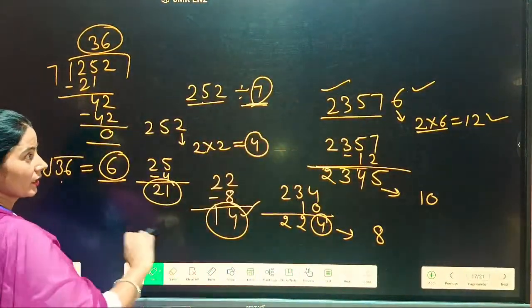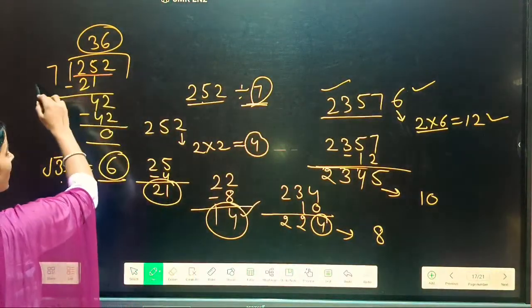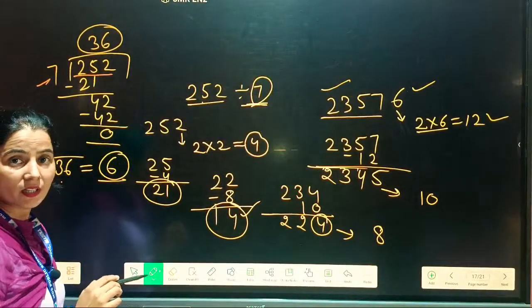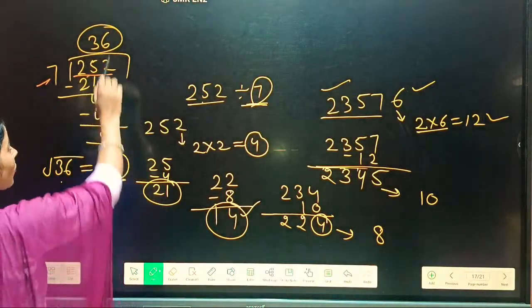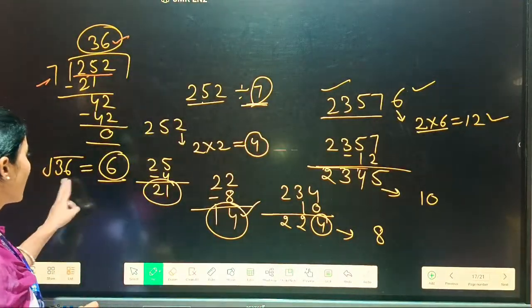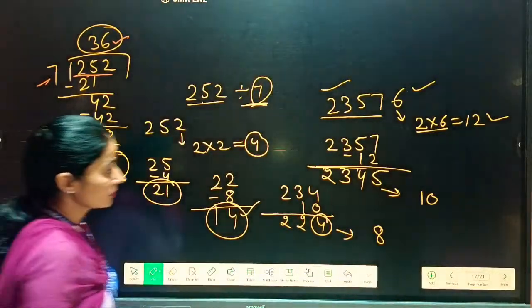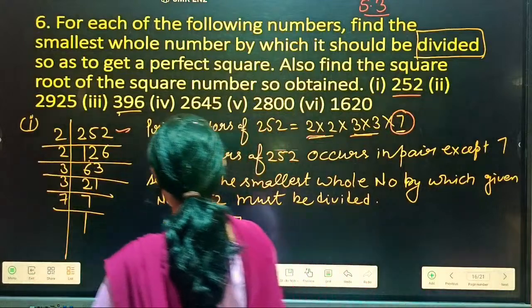I told you the divisibility rule of 7. Now 252 must be divided by 7 because 7 is the smallest whole number by which we have to divide this number. And now we got 36 as the quotient. Now 36 is a perfect square number and the square root of 36 is 6. Let us do the next part.